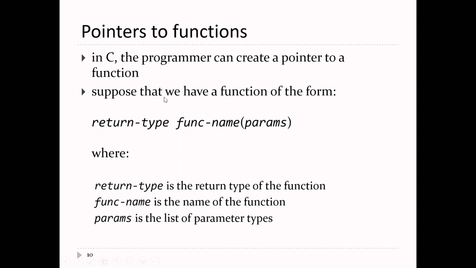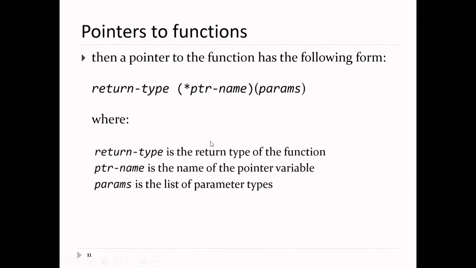So I have a function of the following form. That's your return type, say int. That's the name of your function, f. You've got a bunch of parameters. It doesn't matter what they are. So that's the function that I want. If I want to make a pointer to this function, then the pointer to the function looks like the following. Now notice the pointer to the function looks really gross.